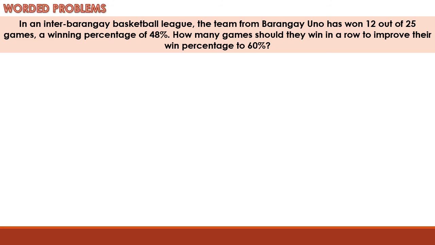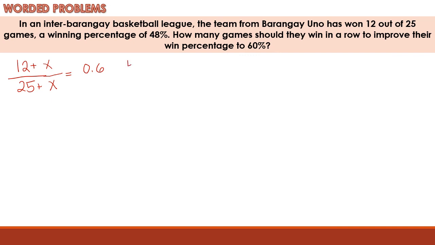So again, sa 25 ay may 12 na silang ipinanalo. Ngayon, ilang games pa ang kailangang madagdag at ipanalo nila, hindi natin alam kung ilan pa, para ang winning percentage nila ay maging 60%. And this is our equation.